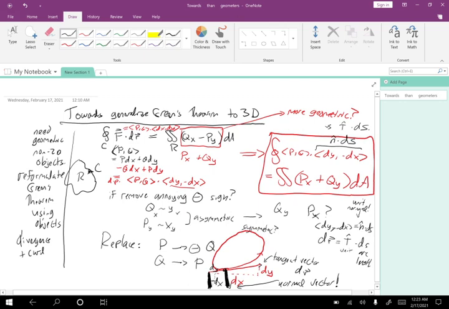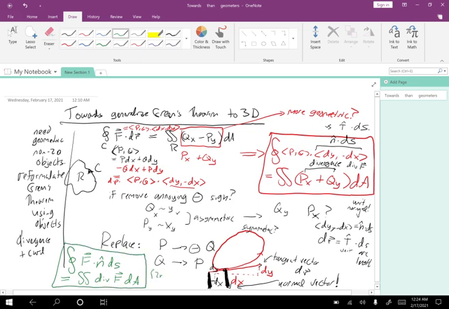And now this thing we're going to call, as promised, the divergence of our vector field. So we have finally gotten this identity: F dot the normal times the arc length is equal to the divergence of F times the area. So I'll just call this the second Green's theorem. It's really equivalent.